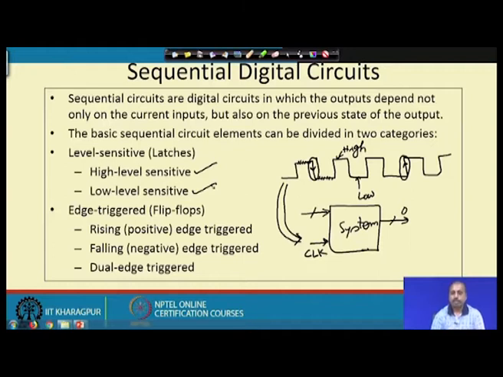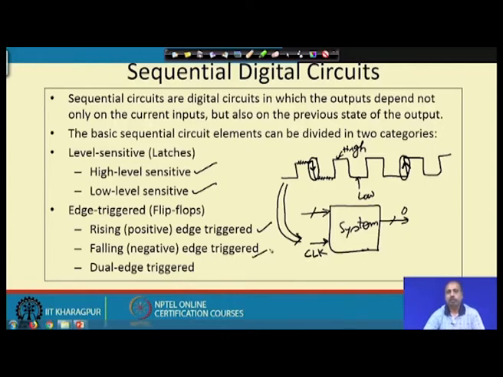As I have said, the other type of option is when these edges occur. It may be that we are interested in the system behavior when the clock signal makes a low to high transition. This is called rising or positive edge triggering. If we are interested in when the signal is falling down, then we say that the system is considering falling edge triggering, or the system is a falling or negative edge triggered system.